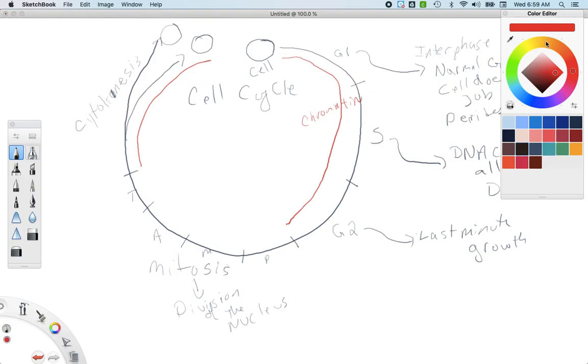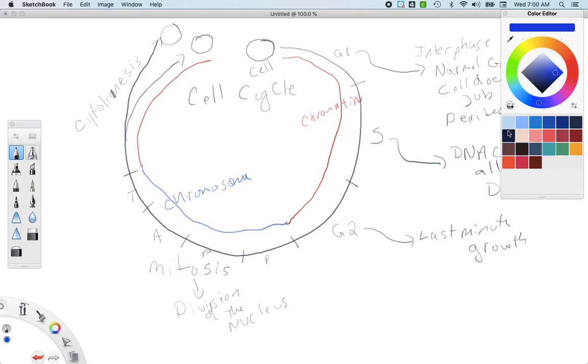So let's change it to a blue and talk about the DNA that we have during mitosis. During mitosis, it is called chromosomes.